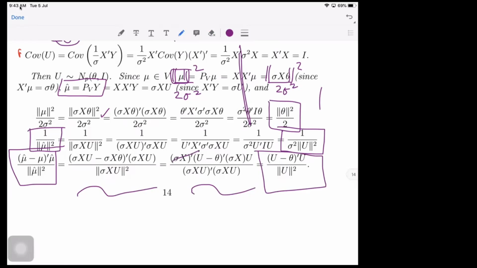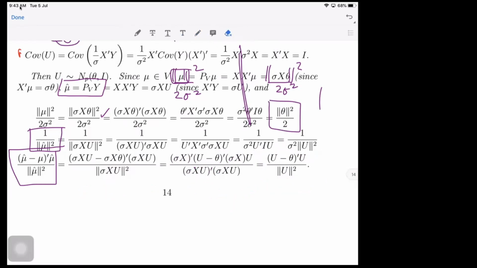So this is just cancelled with this. So there is first a mu prime, and this one is cancelled with this. There is first a mu prime u, which is the square norm of u, and then you have u minus sigma prime and u. So what this is saying is that we can easily transform from mu hat to an estimator in terms of x prime y, no, which is u.